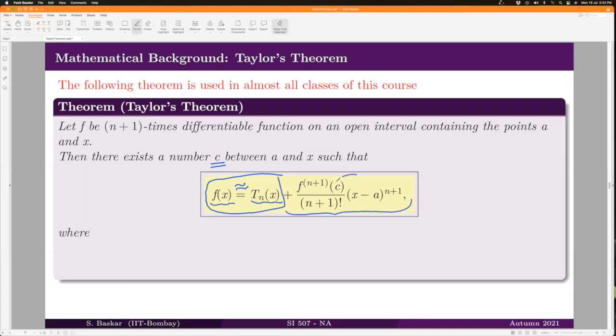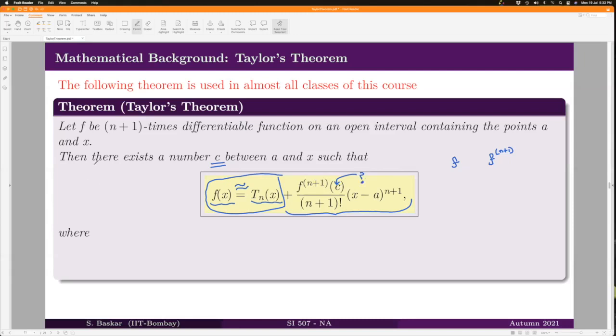Unfortunately, it is not fully a known quantity, even though we know f, and we know that up to the (n+1)th derivative we can find from f, but still this expression is not fully known to us because this c is something which we do not know.